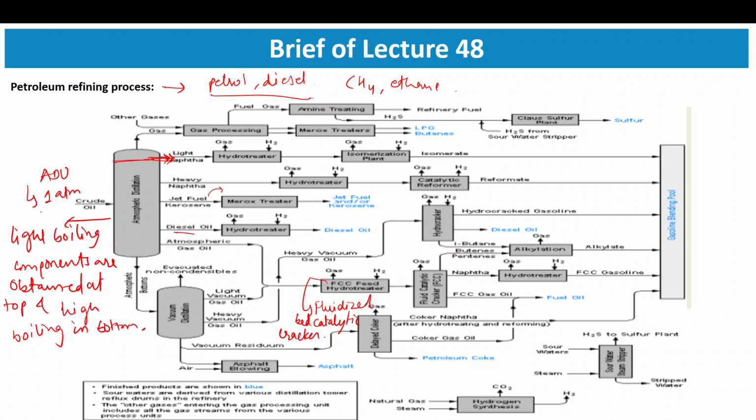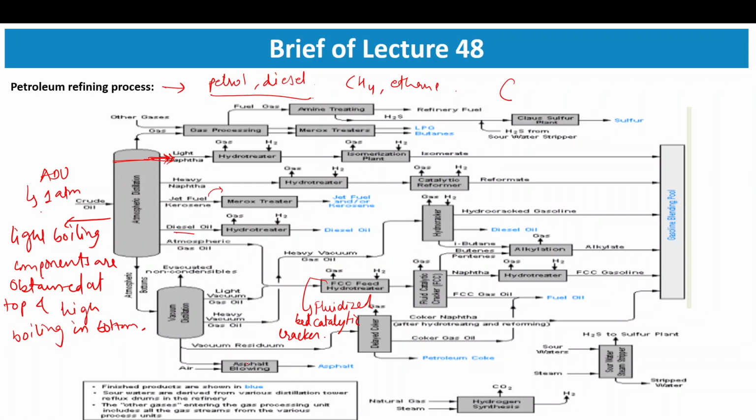where you convert the oil which is obtained in the vacuum distillation column, which has very high molecular weight. So say, for example, it has a very long carbon chain, then you try to reduce that carbon chain such that you get gasoline.